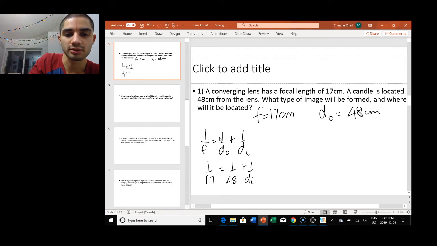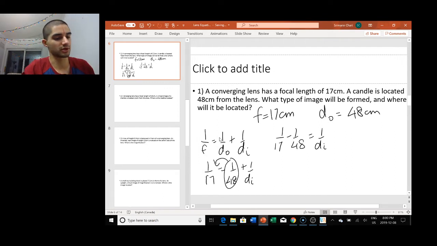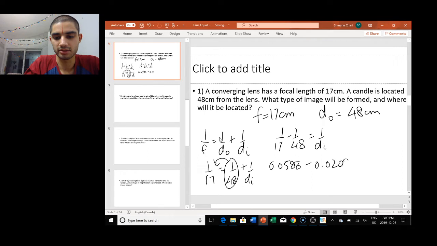I'm going to move this 1 over 48 over here, where it becomes a subtraction. And then I do 1 over 17. Yes, you will have to know sign conventions. 1 divided by 17 is 0.0588. 1 divided by 48 is 0.02083.